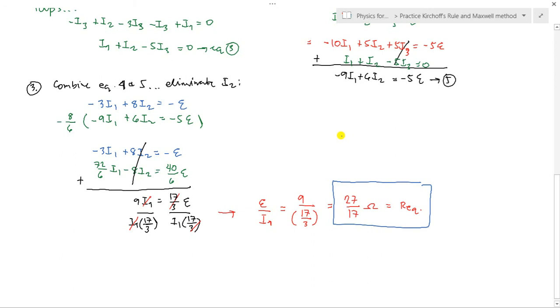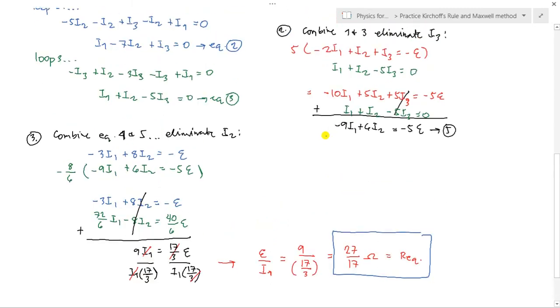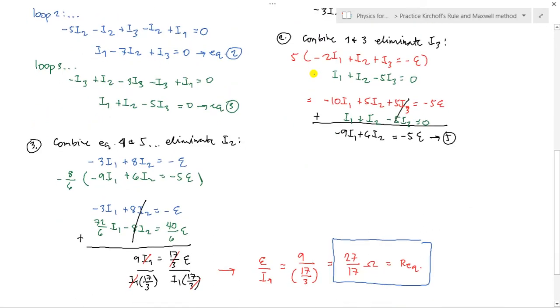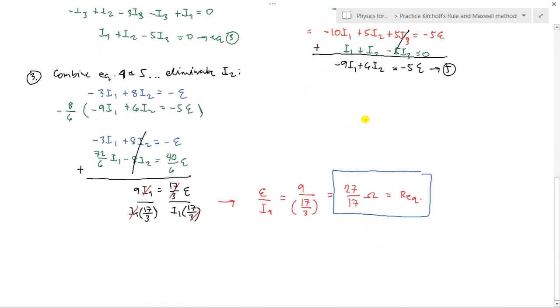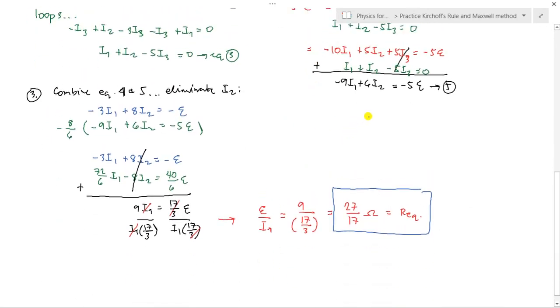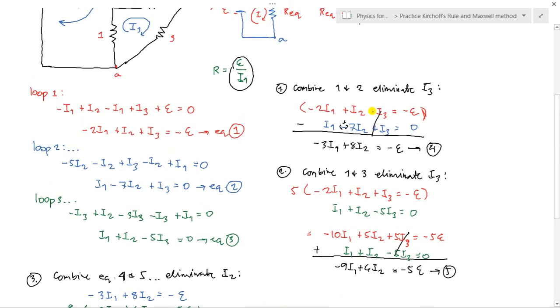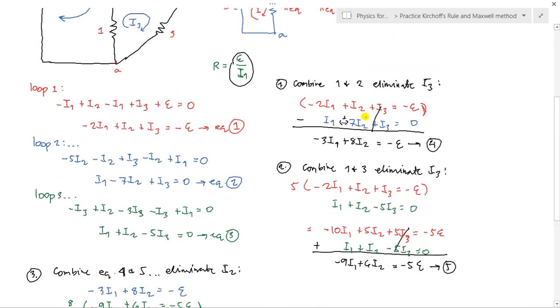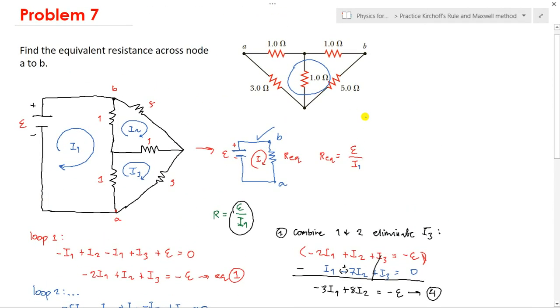Actually, if you are curious, you can construct this kind of diagram. If you have resistors, connect them like this and read them with a multimeter, and it will show roughly 27 over 17. Okay, so that is the calculation. We also used our algebra in eliminating unknown variables.